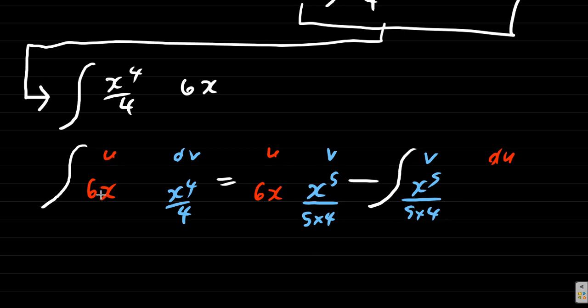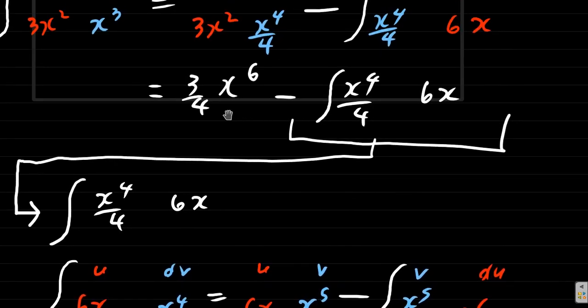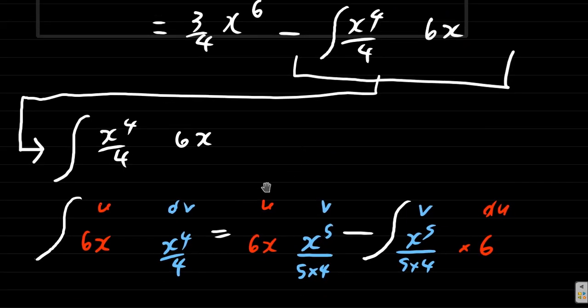When you differentiate 6x, you get 6. So it's times 6. You see that? Remember, this is the second stage in our integration by parts. So here, we already have the 3/4 x to the 6 as we want, but we're minusing this. This is what we will work out and subtract, all right?